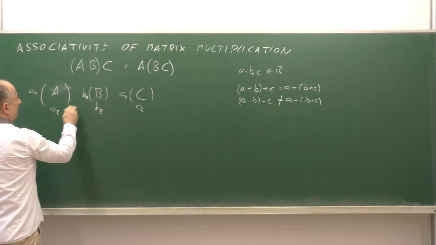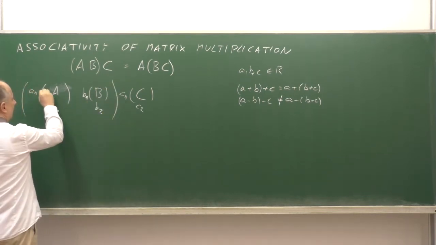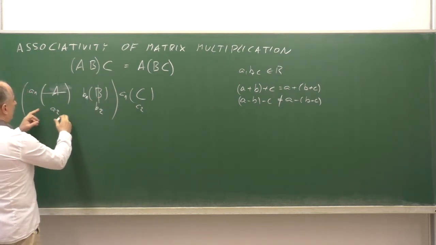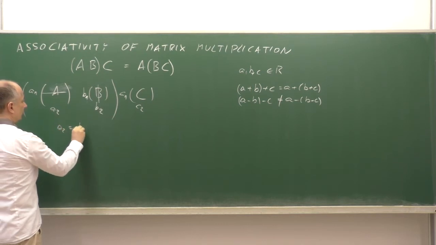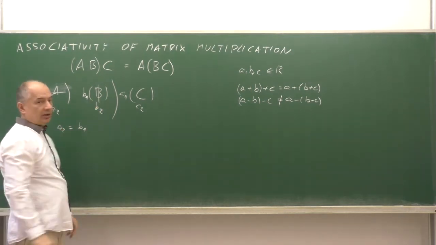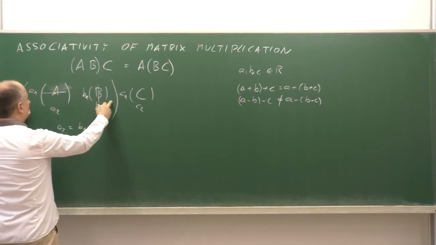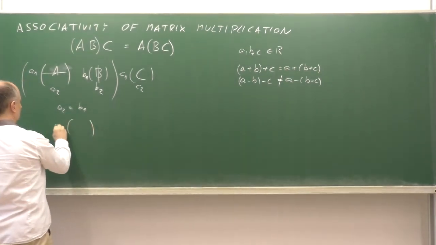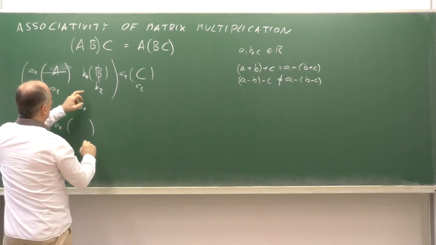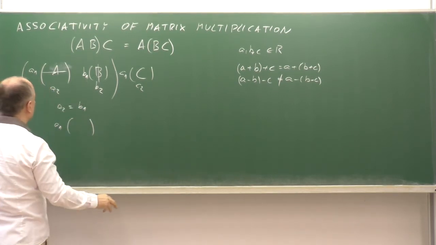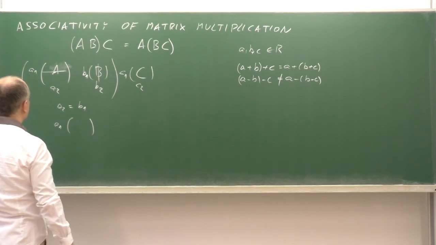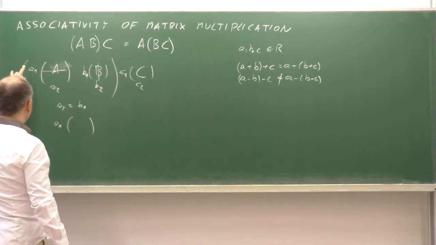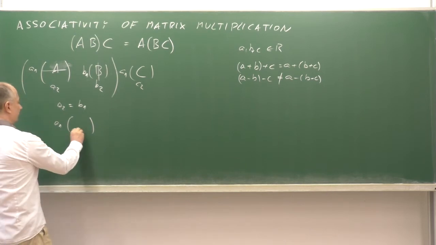If we multiply A times B, then we consider this row with this column. So A2 must be equal to B1 for this product to make sense. And then this matrix is A1 times B2.